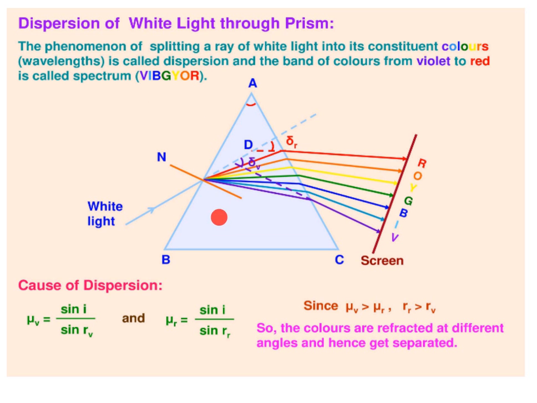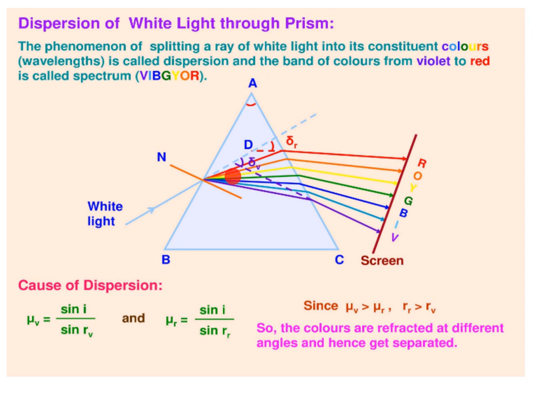Let us consider here, this is your prism section. White light will be incident on this prism section at surface AB.